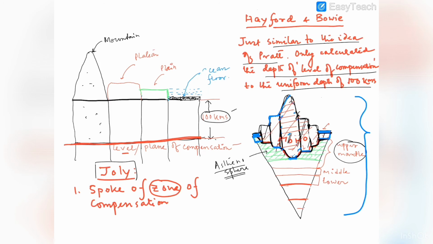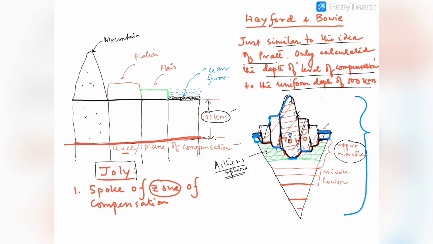And Joly gave an idea of a zone of compensation, instead of a line of compensation or the level of compensation. And he said that his zone of compensation is 16 kilometer thick, and above it the density is the same for all the land masses.